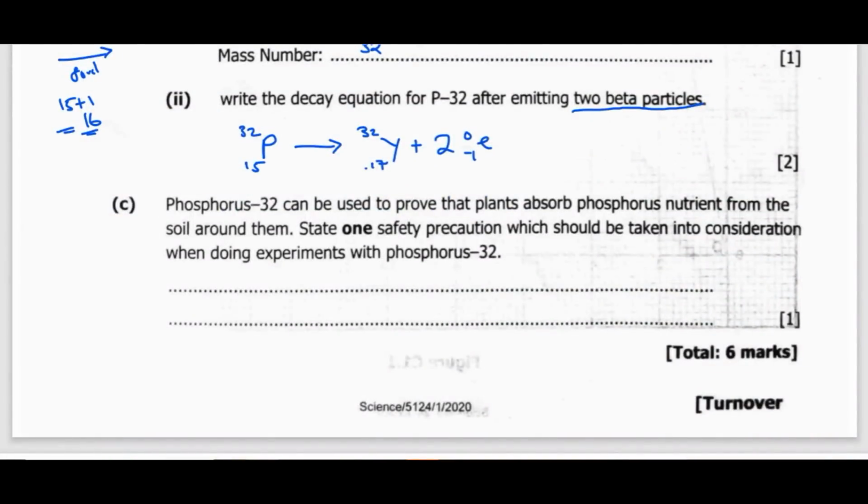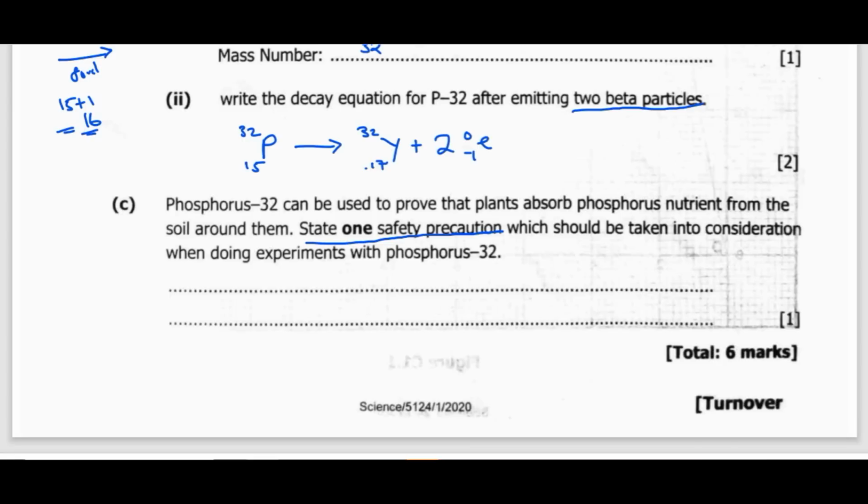Part C. Phosphorus-32 can be used to prove that plants absorb phosphorus nutrients from the soil around them. State one safety precaution which should be taken when doing experiments with phosphorus-32.